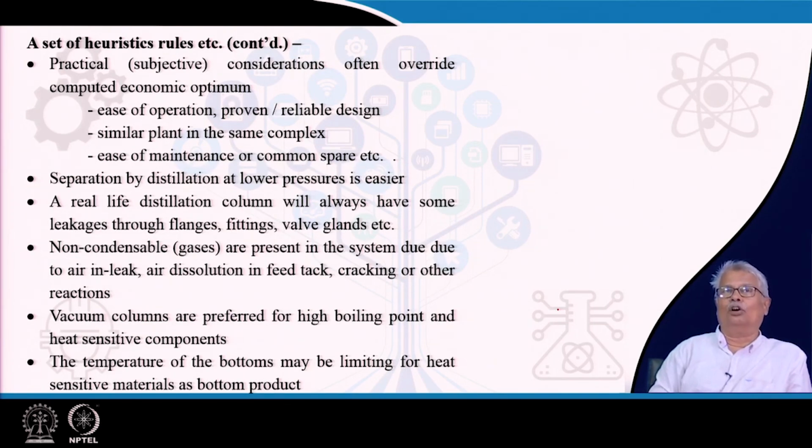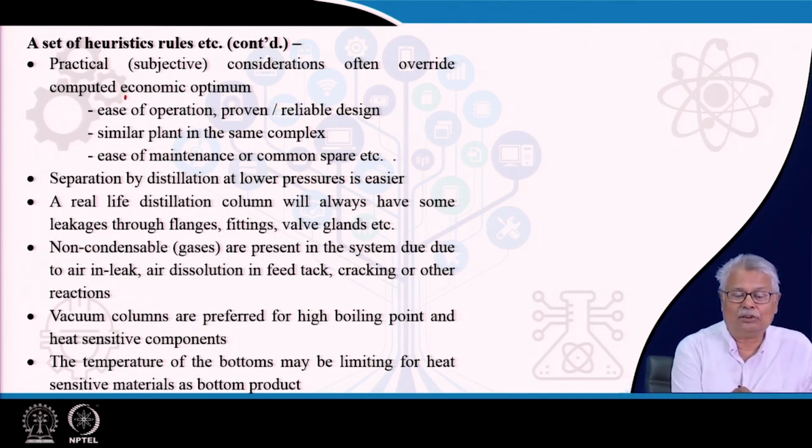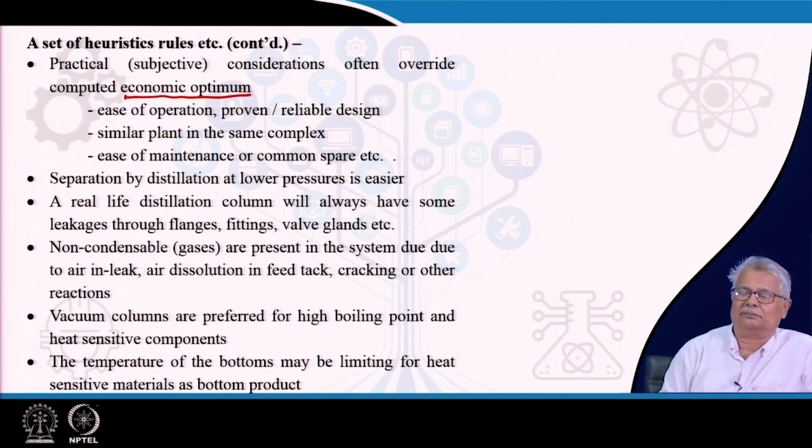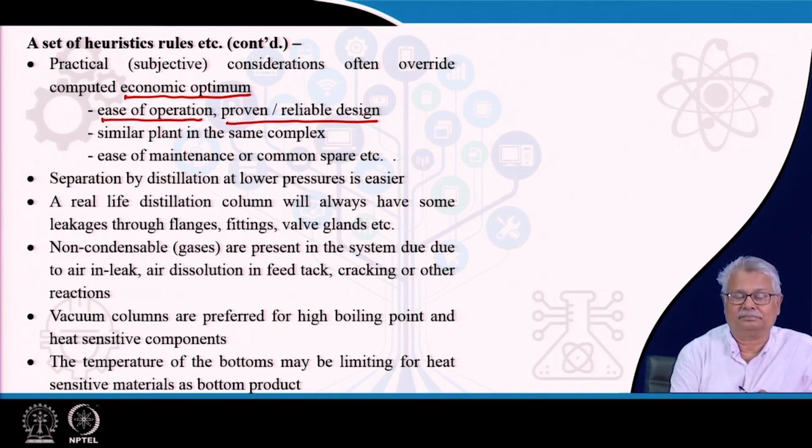The designer, often you will find, will not opt for the most economic option. He has other considerations which may even override the economic optimum. The best economic option is not opted for in certain cases. Such cases are based on subjective considerations, which may include ease of operation, proven technology and reliable design.